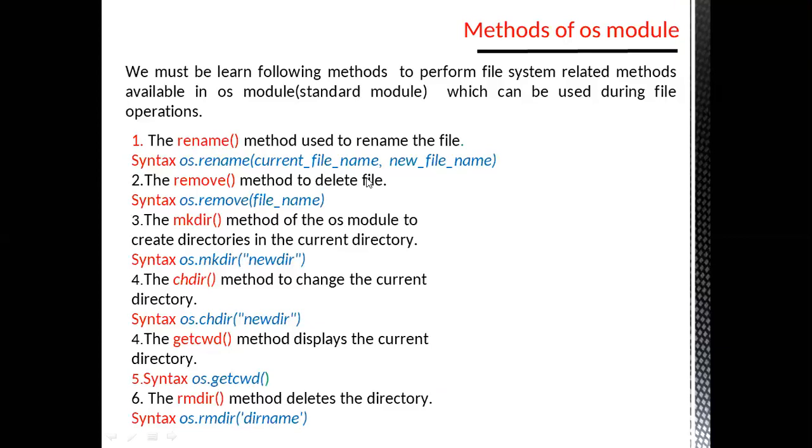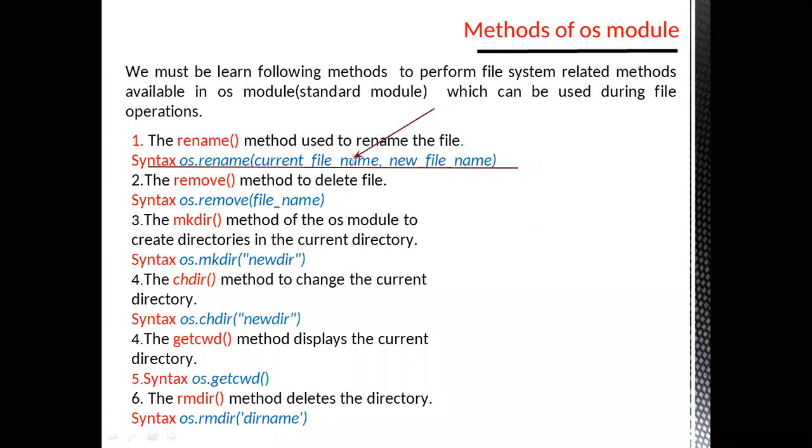This function is used to change the name, in which we give two arguments. The first argument is the current file name and the second one is the new name. It means we have to pass two arguments. First one is the old name and second one is the new name.